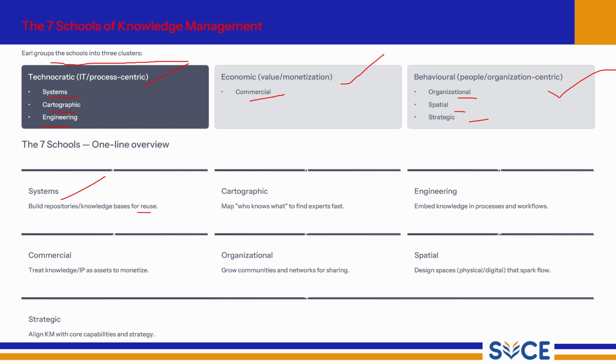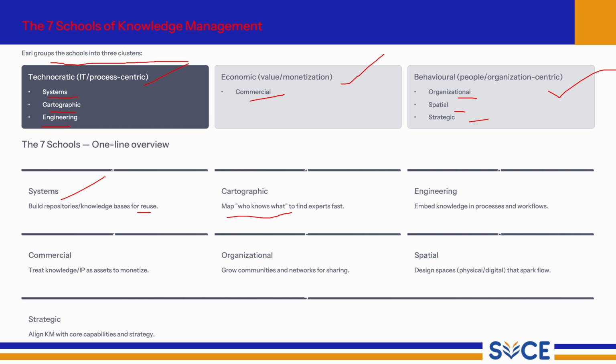And the next one is cartography, that is, map who knows what to find the experts fast. Cartographic means creating knowledge maps of who knows what, so teams can quickly find the right expert. So find the knower, not just the knowledge.